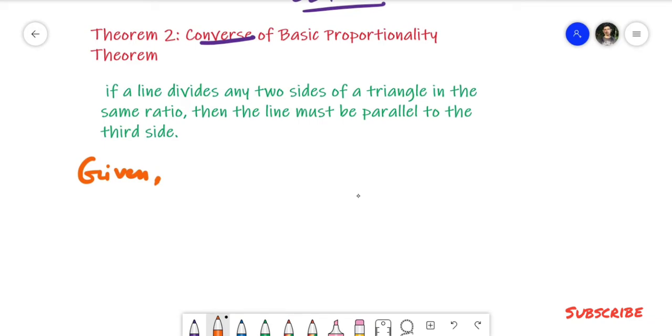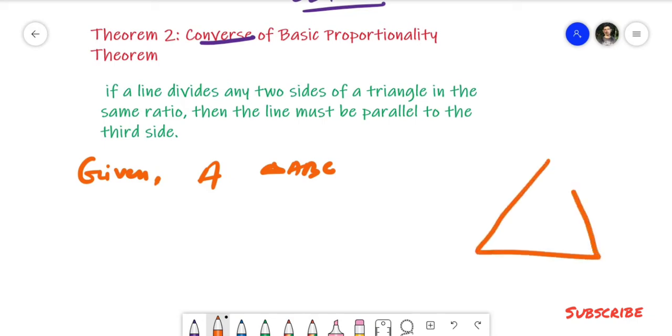Okay, so given a triangle ABC, okay, ABC is given, I'm just supposing, you can write anything, whatever you wish. Before I write that one, let me draw a figure so that you can understand it properly.